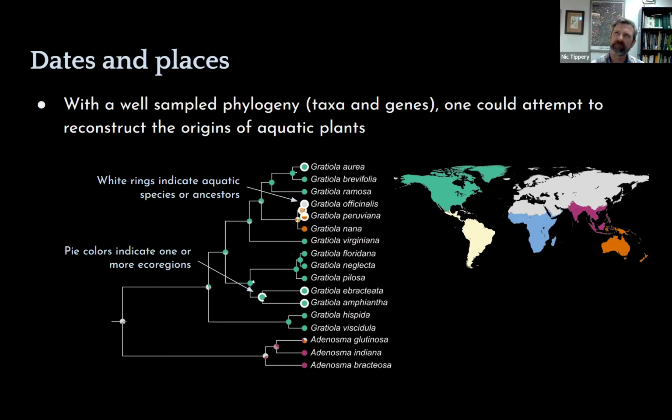Also wind dispersal for seeds is not too common, though sometimes you have an emergent wetland plant that's got wind dispersal. I don't know offhand.